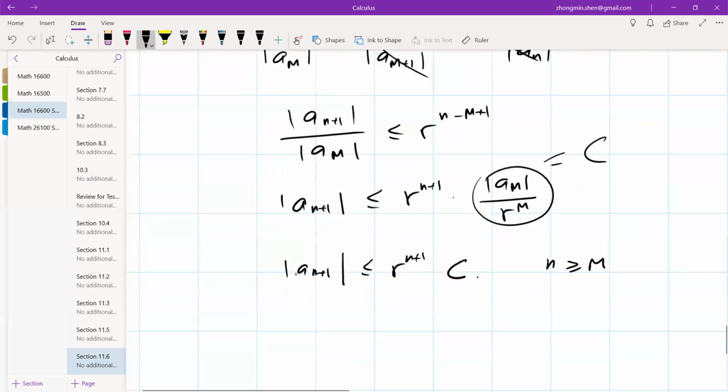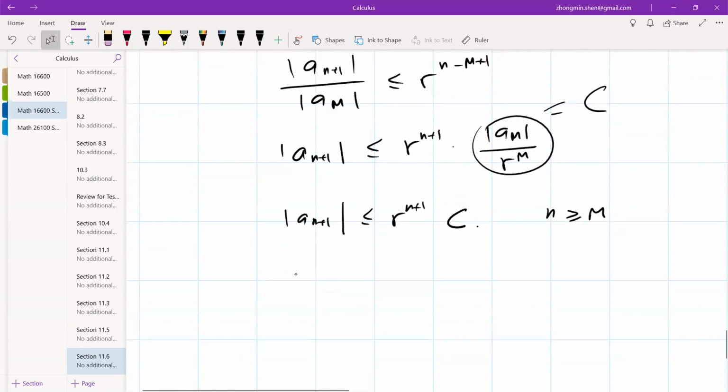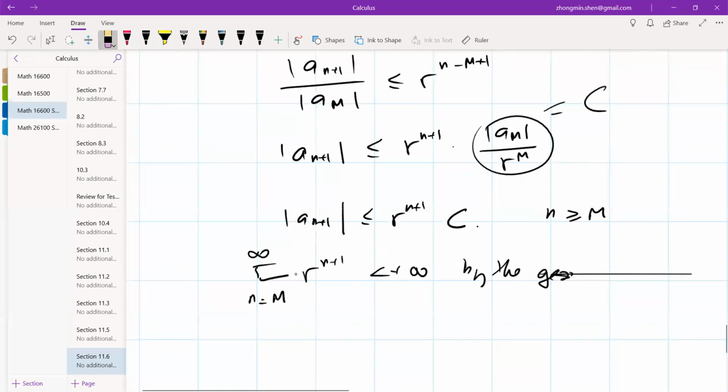Since R is smaller than 1, you are using the geometric series. So this sum of R to the n plus 1, n starting from M to infinity, is finite by the geometric series test.